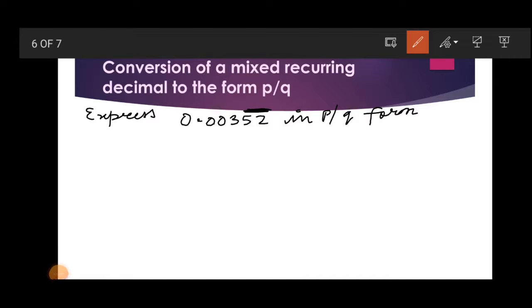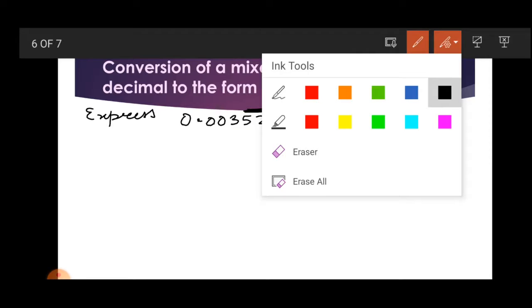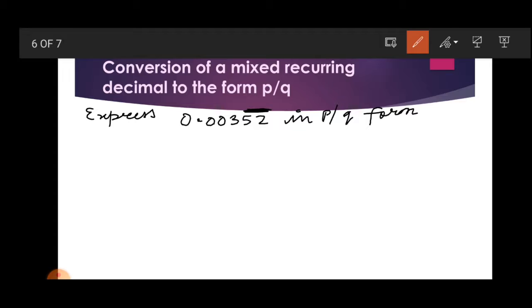Let's take one more example. Express 0.00352 bar, where the bar is on 5 and 2, in p by q form. Now there are 3 digits on the right side of the decimal point which are without bar: 0, 0 and 3 are without bar.